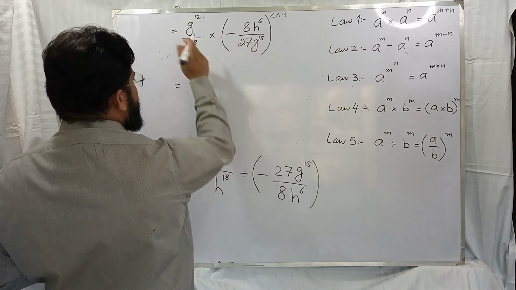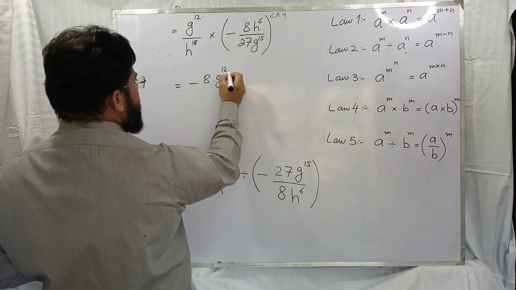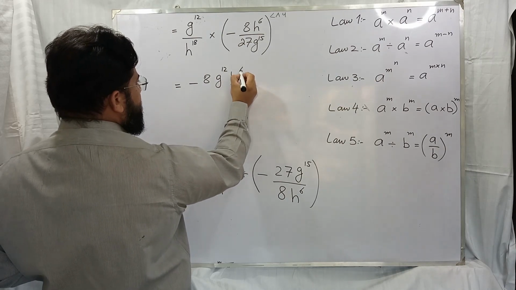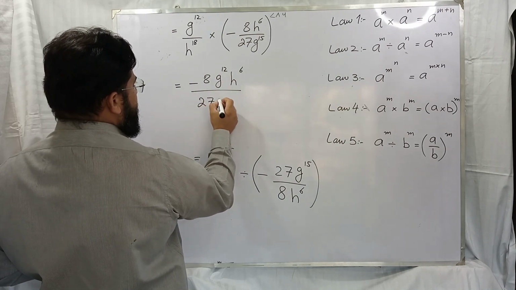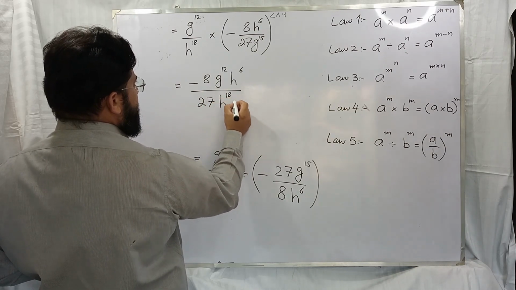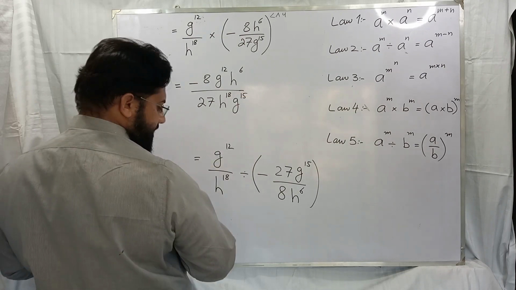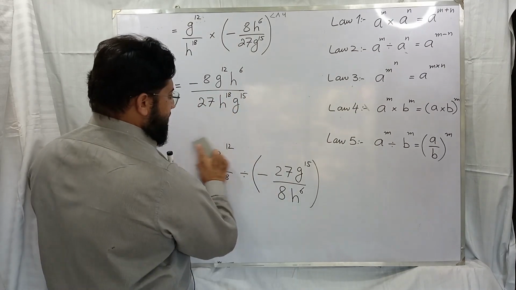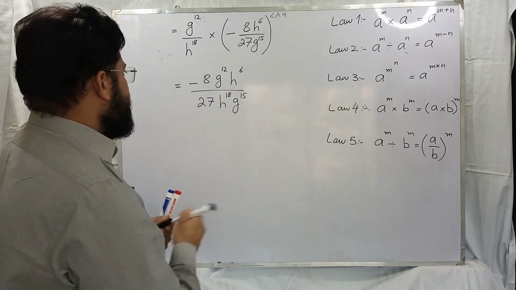Minus 8 into 1, minus 8, g12, h6 over 27, h18, g15. Right? I have multiplied numerator with numerator and denominator with denominator.